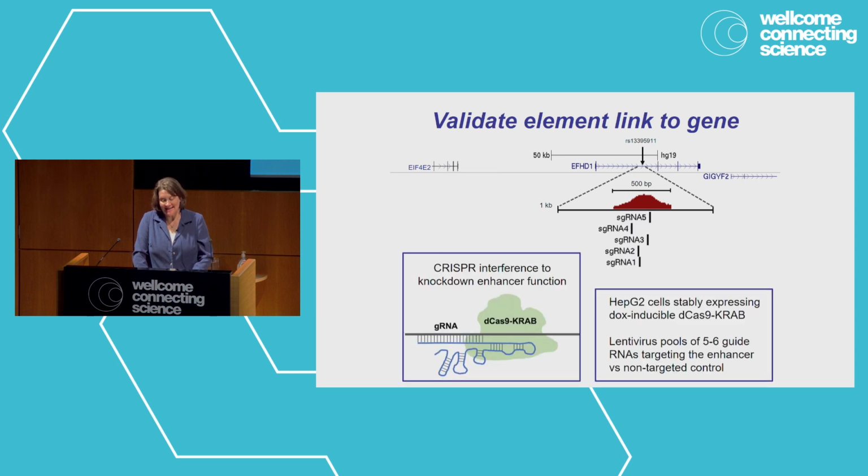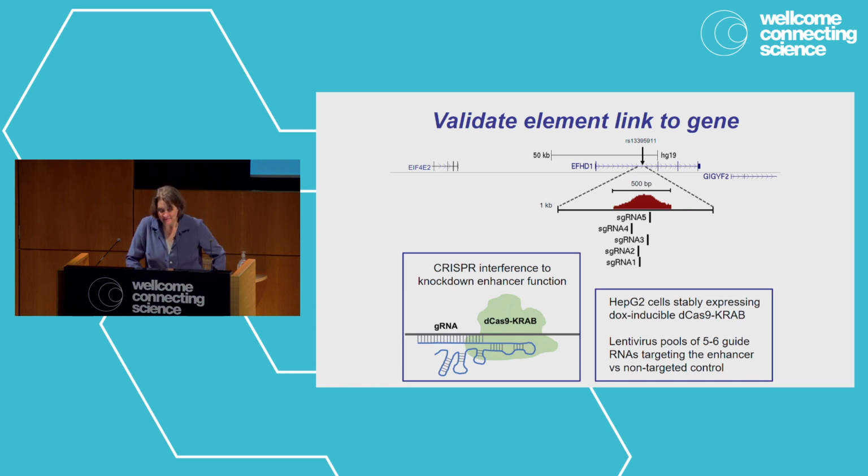We created a cell line that was stably expressing an inducible dCas9 with a KRAB domain on it, so that when we introduce guide RNAs that are targeted to the enhancer element or this regulatory element, we're bringing repressive domain action to that region. And so when we go measure the gene expression level after using these guide RNAs, if we see the gene expression level change, then we say perhaps that element is having its action on that particular gene.